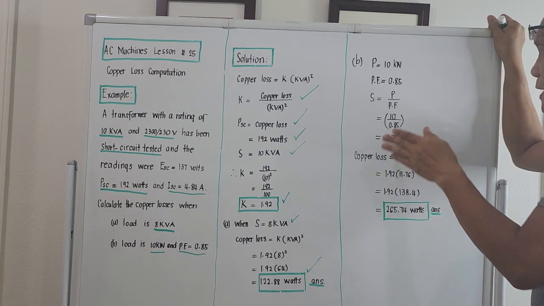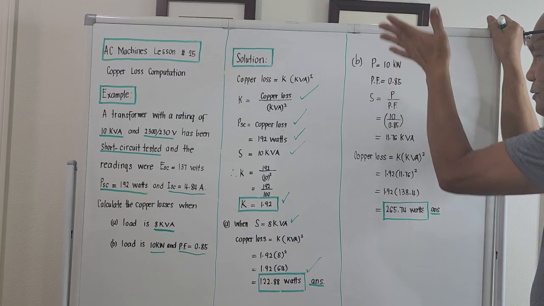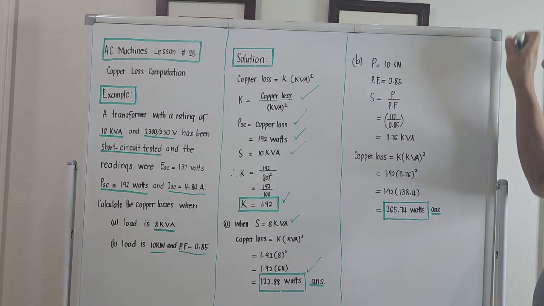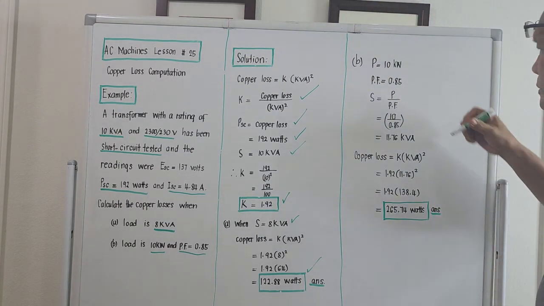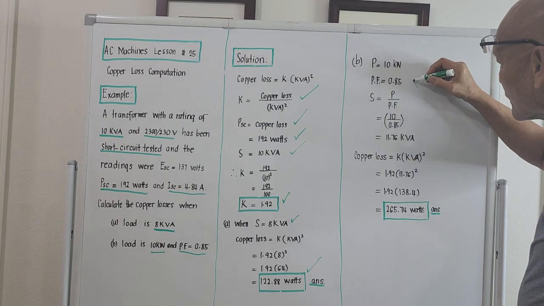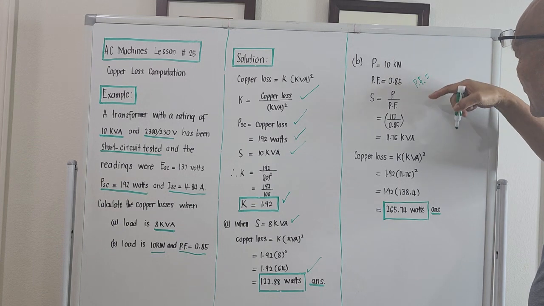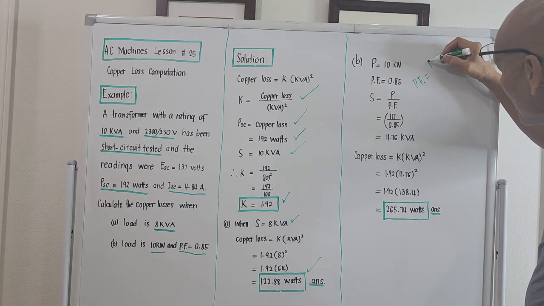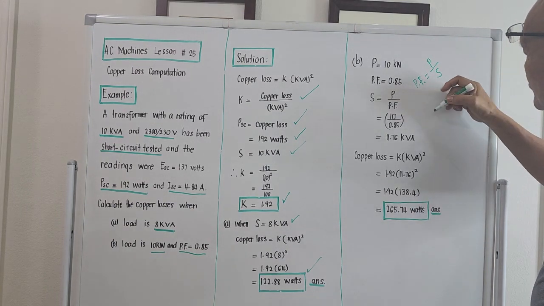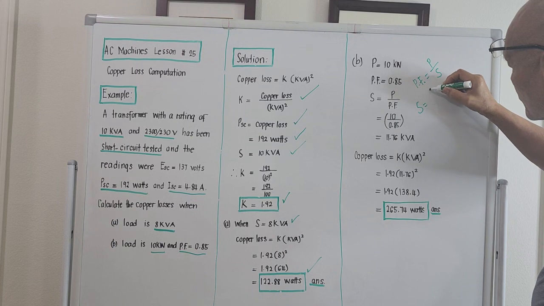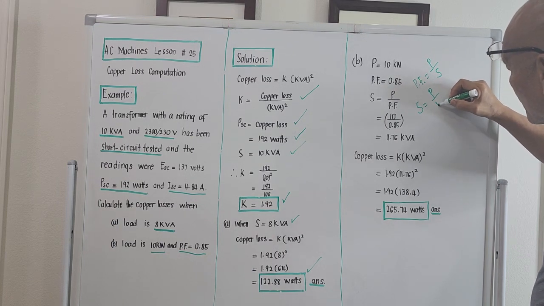If you try to use 10 kilowatts in the computation, you are wrong because 10 kilowatts is not the apparent power. By definition, under the study of AC circuits, power factor is just true power over apparent power, right? So apparent power will be equal to true power over power factor.